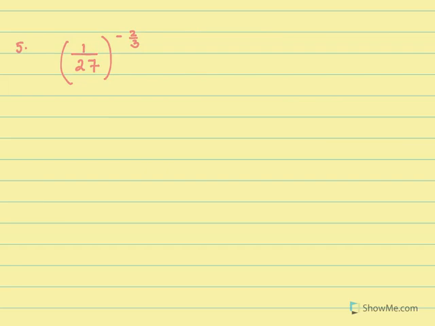For the fifth sum, minus 1 by 27 raised to 2 by 3. So we see first that the power here is negative, and let us make it positive. To make that power positive means plus 2 by 3. I need to take reciprocal of my base. The base is minus 1 by 27. Reciprocal of that will be minus 27 by 1. Now minus 27 I know is minus 3 raised to 3. Whole thing plus 2 over 3.